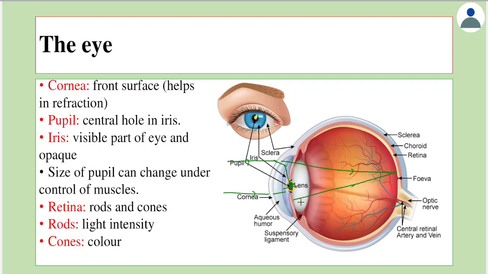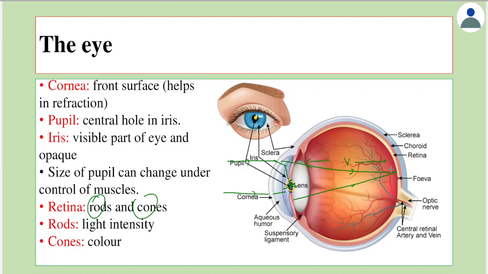So the distance between the lens and retina, which we call V, remains constant. Now this retina contains some specialized cells called rods and cones. Rods help in identifying light intensity, and cones help in differentiating the colors.